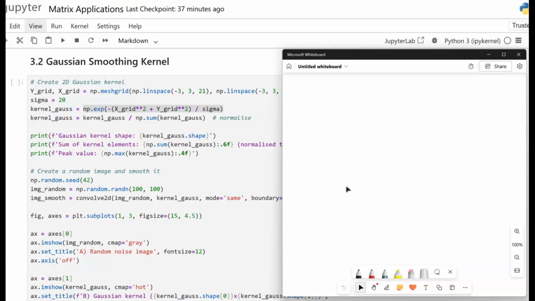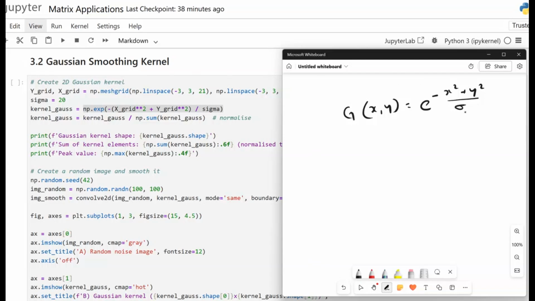Here you can specify g of x comma y, which equals e raised to the power of negative x squared plus y squared divided by sigma. This is the exact functionality which we specify mathematically as the Gaussian smoothing kernel.